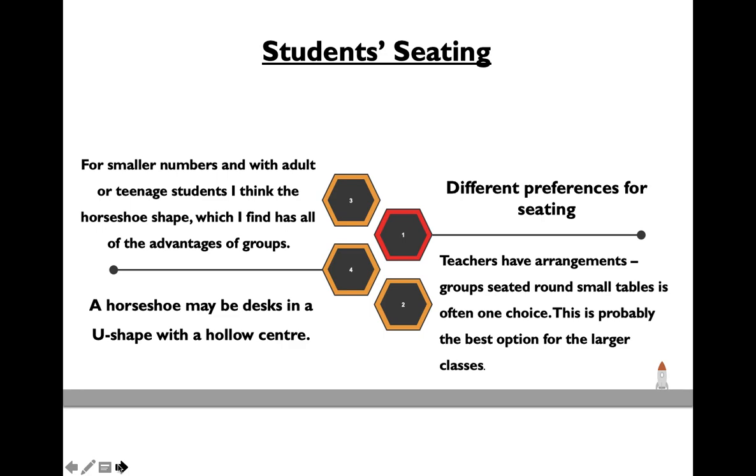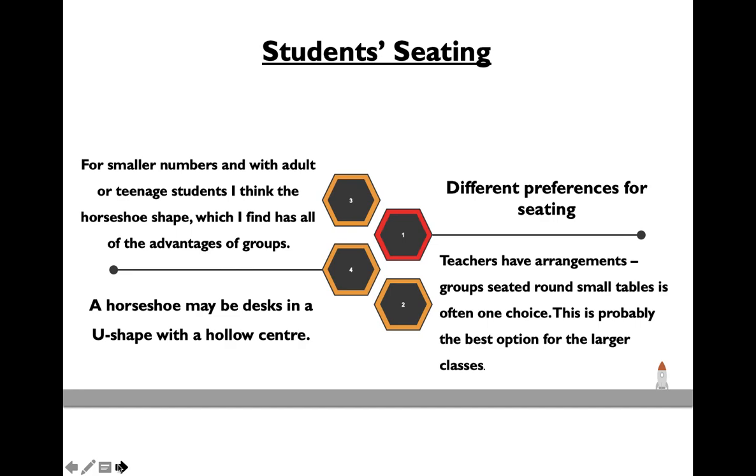While talking about student seating, there are some known ways of seating, such as the horseshoe. For smaller groups with adult or teenage students, I think the horseshoe shape, which is in the form of a U, has so many advantages, and it's very well known, especially among teachers, be it during teaching or even for coaching.